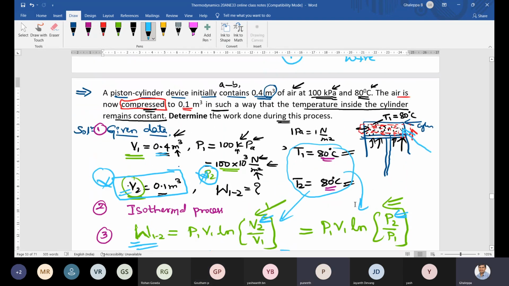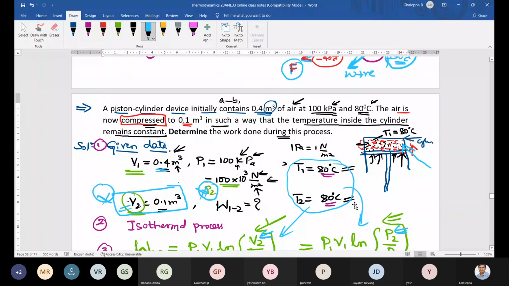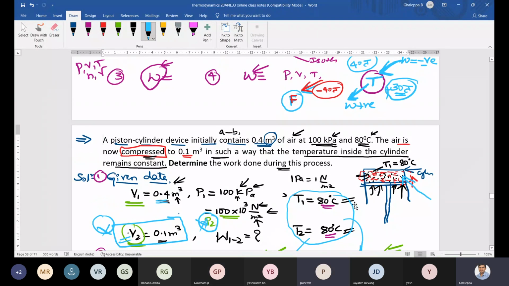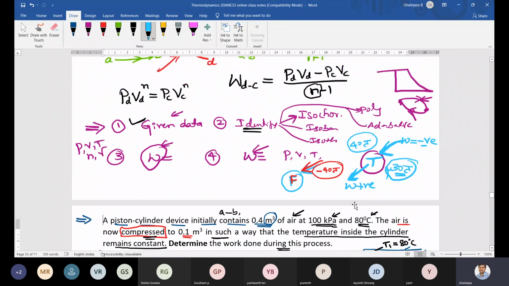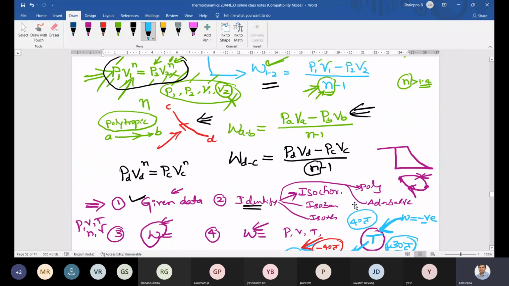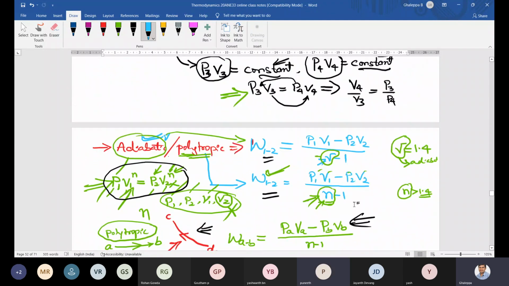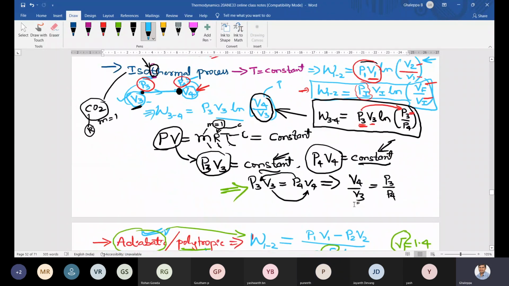General equation for which process? I will go to the previous page slowly. Is there any equation related to isothermal? Look at this equation, I have explained it somewhere. PV is equal to mRT. Yes, my dear students, you have to use this equation.